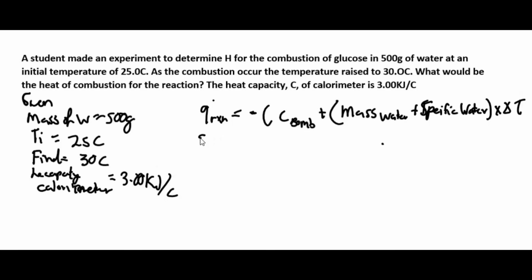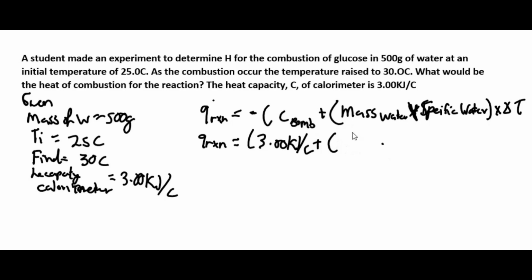So let's set up this system. So what is the heat capacity of the calorimeter? It's 3 kilojoules over C, plus, what's the mass of water? Oh, sorry, this is multiplication.